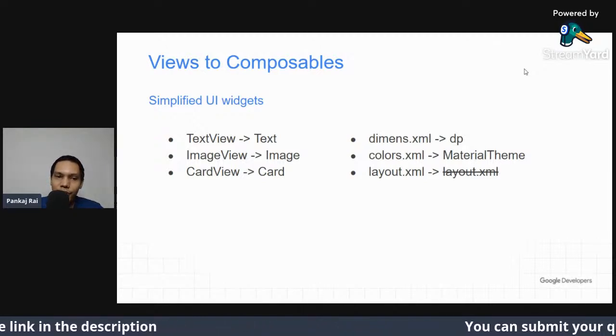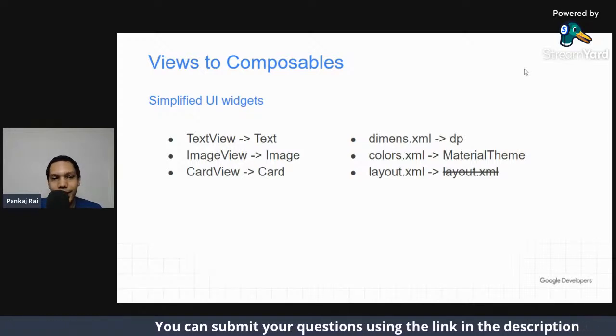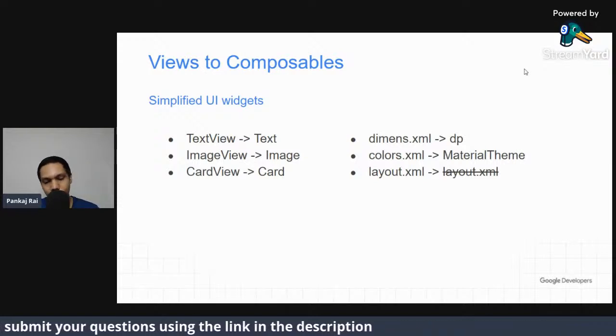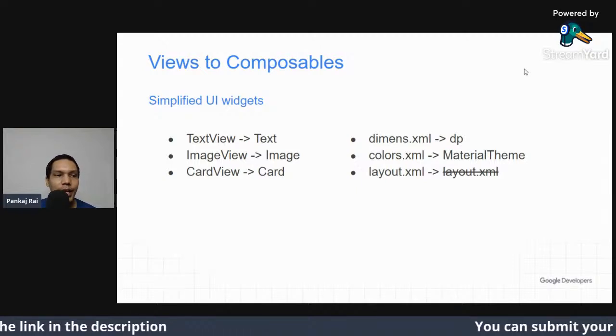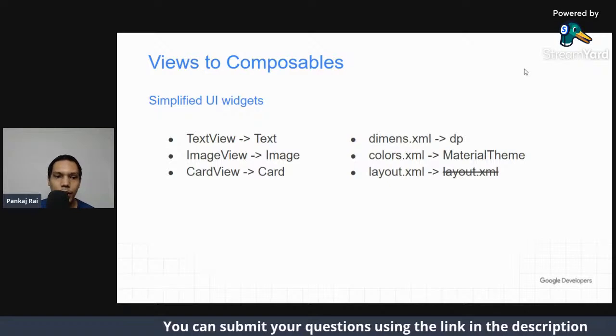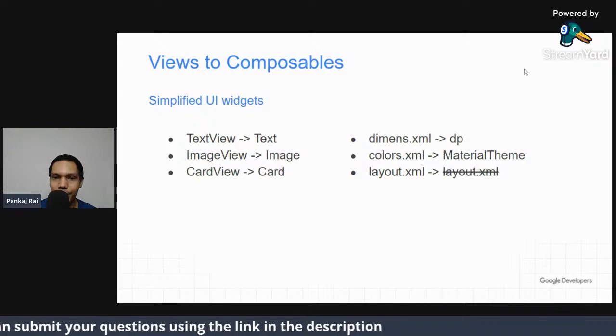Now to display images, we had ImageView with the existing UI toolkit. That is now replaced with Image. In the same way, if you want to have a card, CardView is like a layout with rounded corners which also has a shadow. That is now replaced with Card.